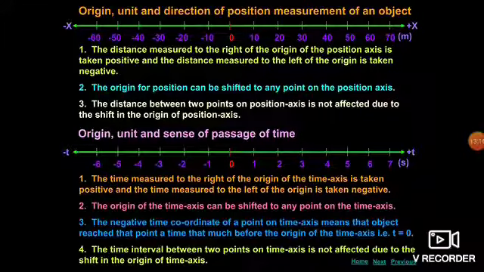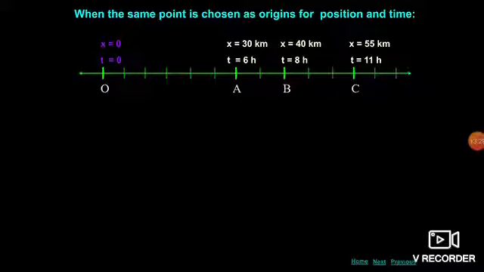The time interval between 2 points on the time axis is not affected by the shift in the origin of the time axis. They are not going to shift. When the same point is chosen as the origin for position and time, like we have shown, there is one point O. Here time is also 0 and x is also 0.